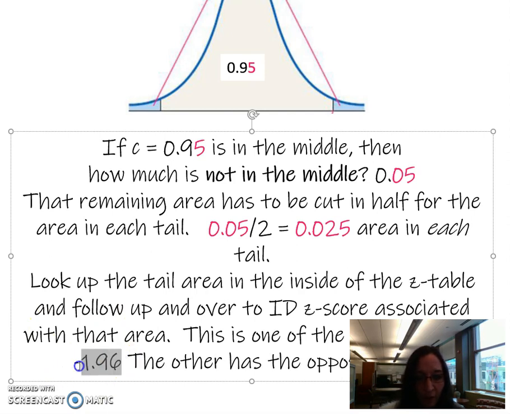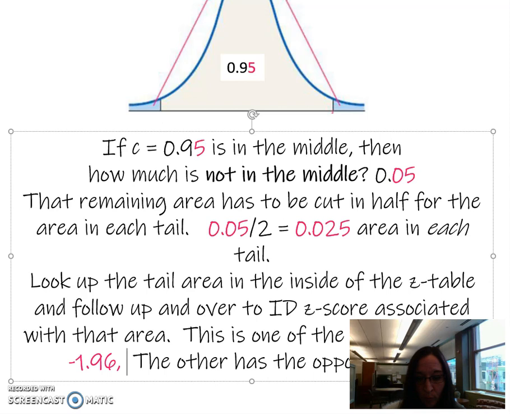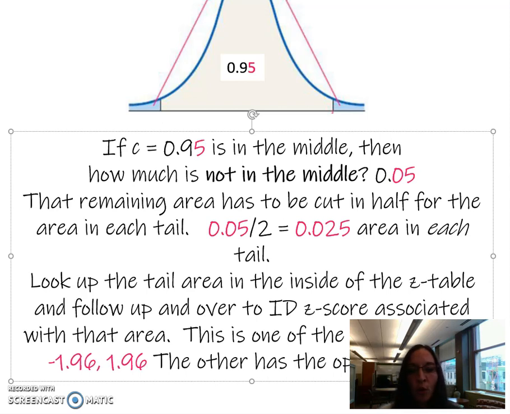And the other value has the opposite sign on it. So the other value, if that one's negative 1.96, will be positive 1.96 because of the symmetry of the normal distribution.